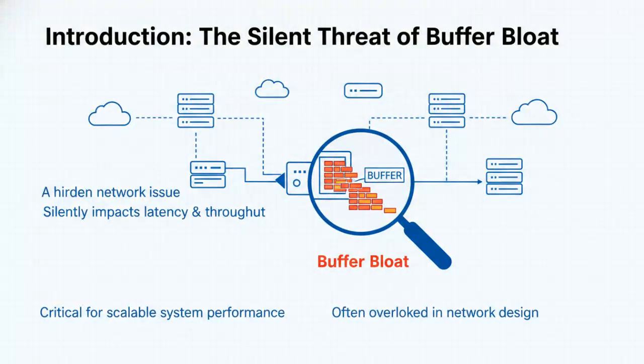In conclusion, buffer bloat is more than just a minor inconvenience. It's a critical challenge for building high-performance, ultra-scalable systems. It subtly undermines the benefits of increased bandwidth by introducing insidious latency, directly impacting user experience and system reliability. We've explored its causes, its profound impact, and the limitations of traditional fixes.